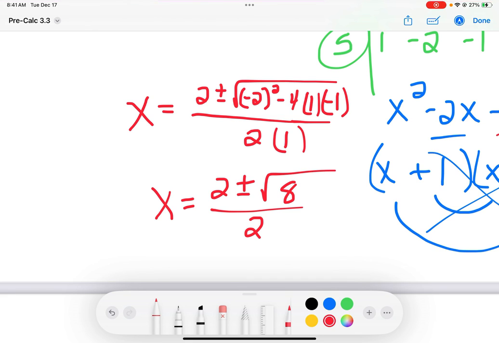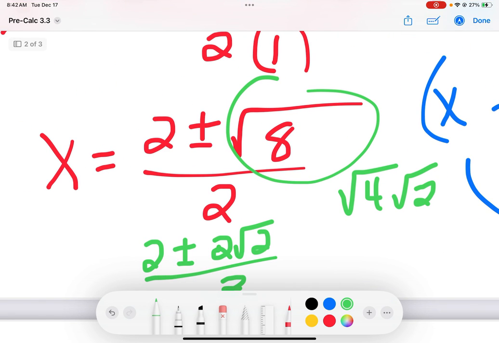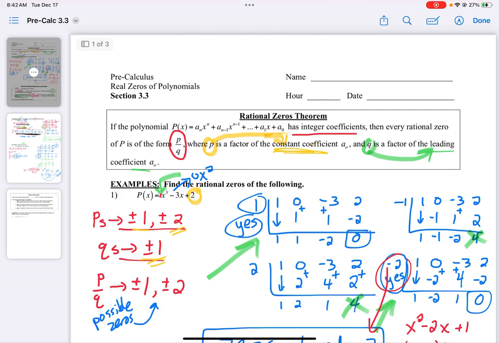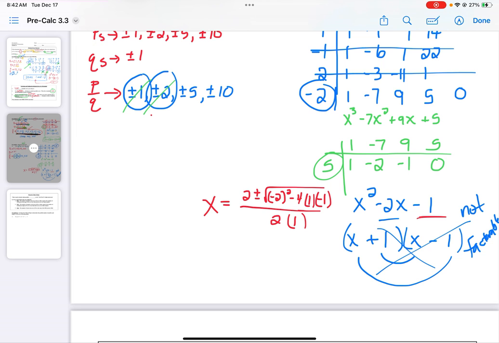And then when we simplify this, the square root of 8 is really the square root of 4 times the square root of 2. So this becomes 2 plus or minus 2 root 2 all over 2, because the square root of 4 is 2. And then all of these 2's can be divided by 2. So we end up with 1 plus or minus square root of 2.